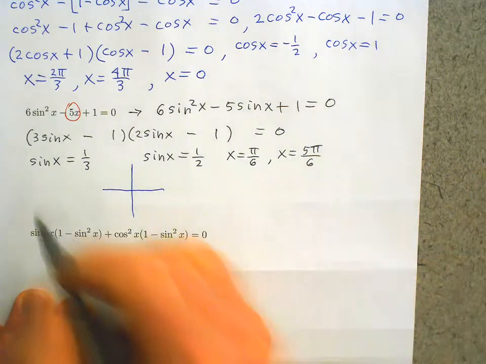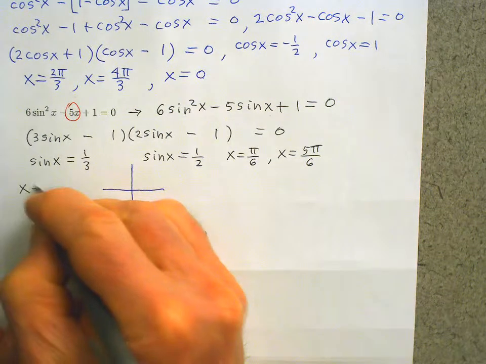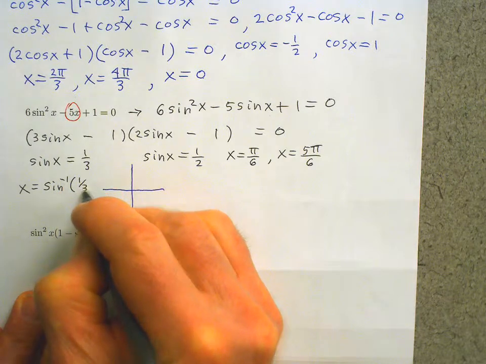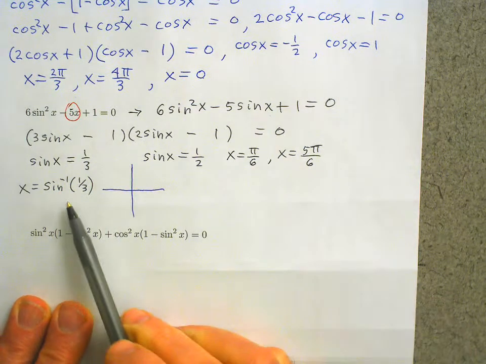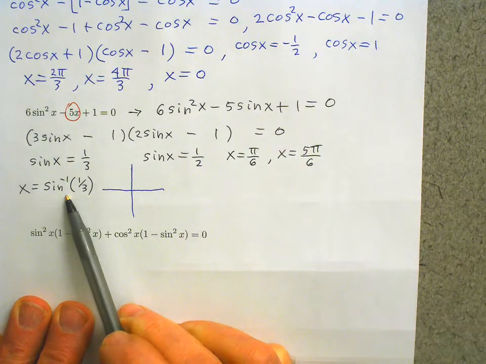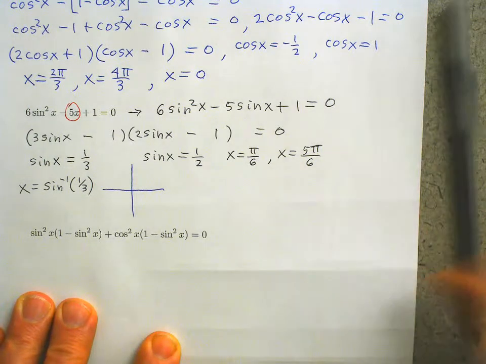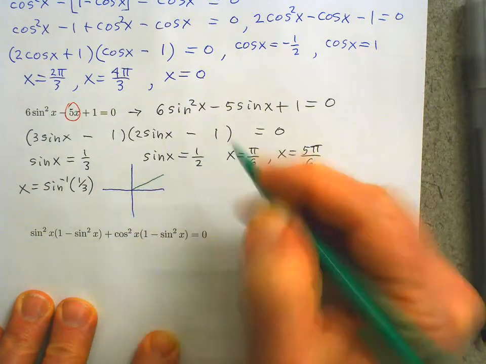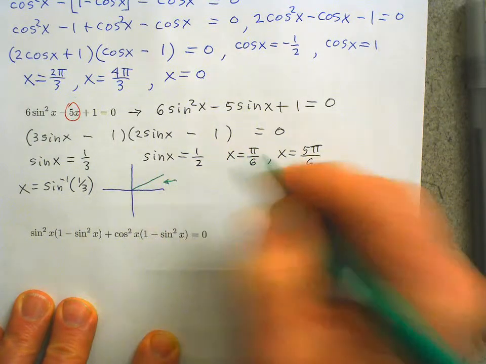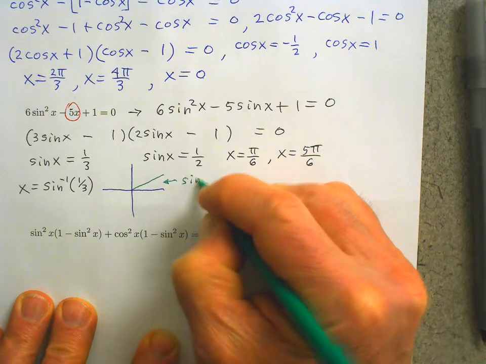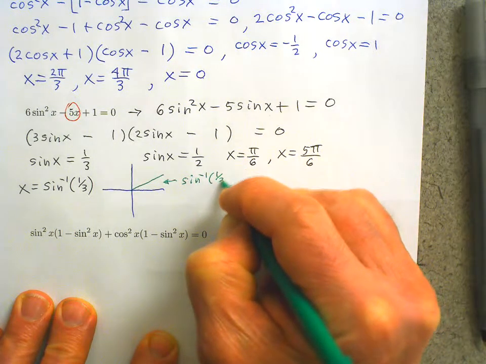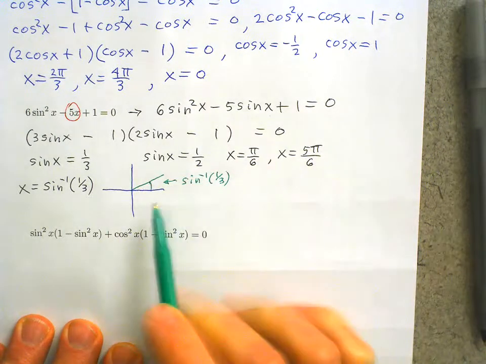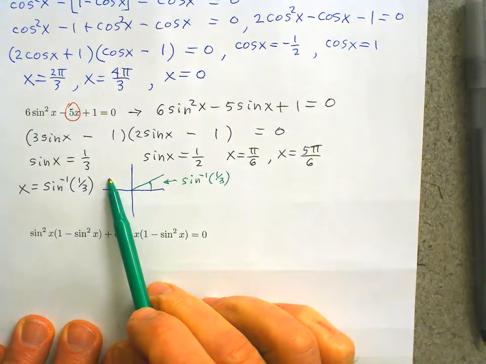So one of the solutions is x equals the inverse sine of 1/3. So this is in the first quadrant. So the first quadrant, if we have this angle, which is the inverse sine of 1/3, how do we find the other solution? The other solution is in the second quadrant.